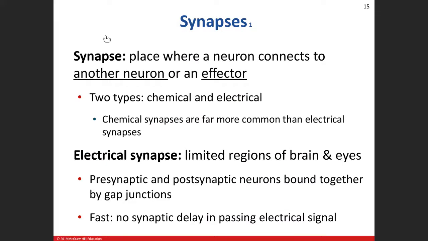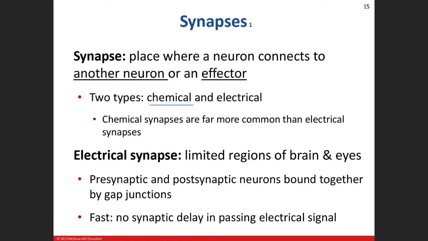So in the synapse, what I told you, the axon is either going to connect to another neuron or an effector. And that's what we see here. That connection is called the synapse. And there are two types that we're going to deal with.